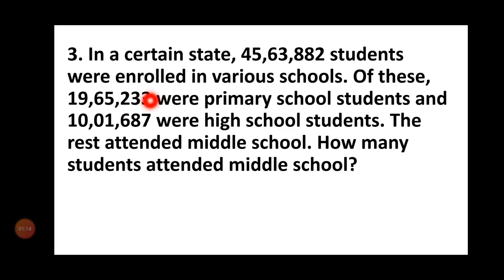Then subtract the sum from the total, and you will get the middle school strength. Do everything step by step. Write in the solution everything that is given in the question, and write in the correct manner.